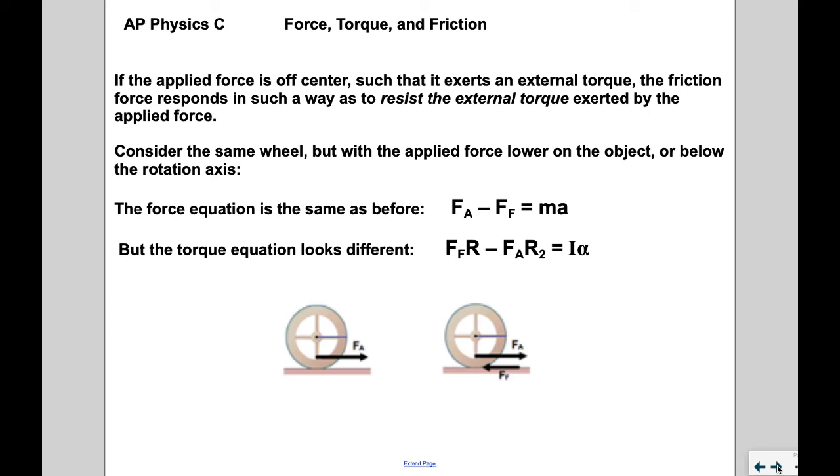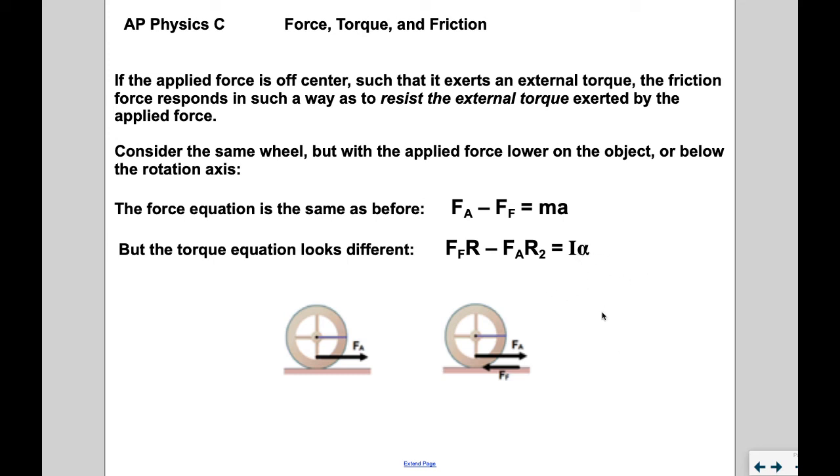That means the applied force must be greater than the friction force, but it is going to roll in a clockwise direction, which means that the torque due to the friction force has to be greater than the torque due to the applied force. Once we get to this point, the analysis becomes the same.